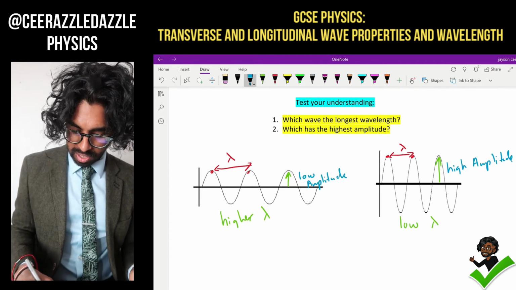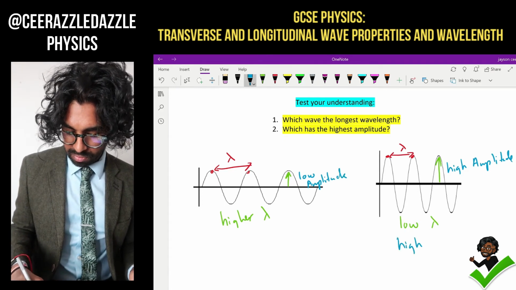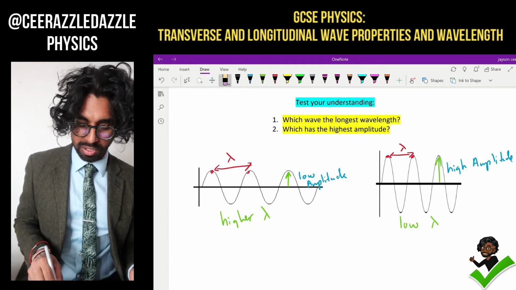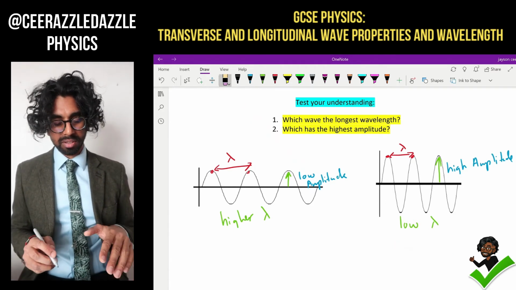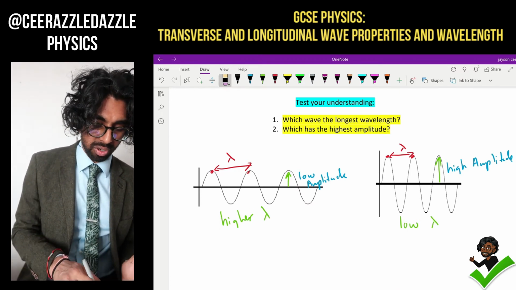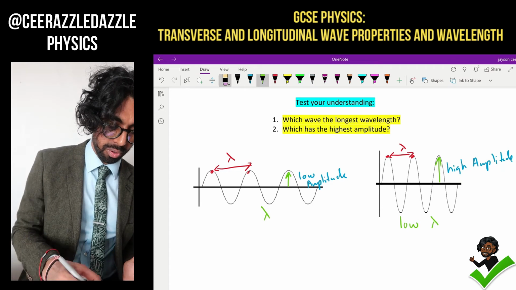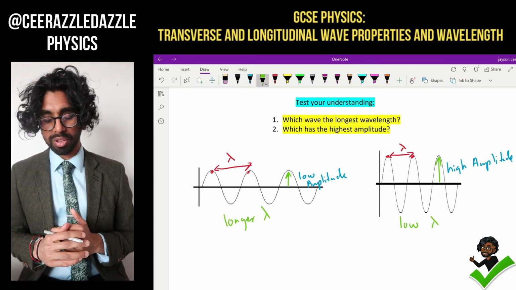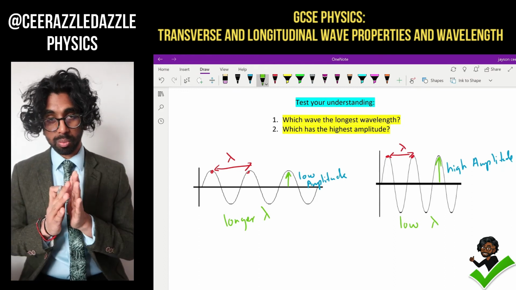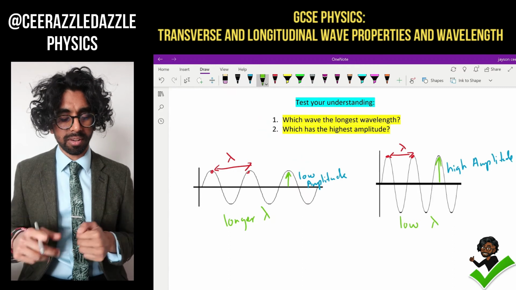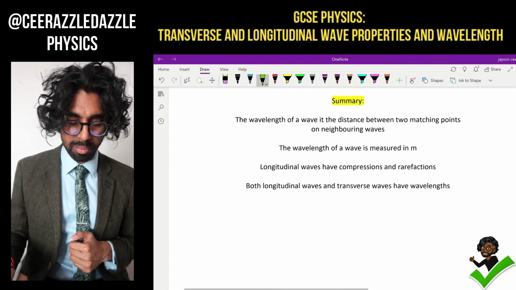So we can clearly see that the first one has a longer wavelength and a lower amplitude. The other one has a shorter wavelength, but a higher amplitude. Easy stuff.